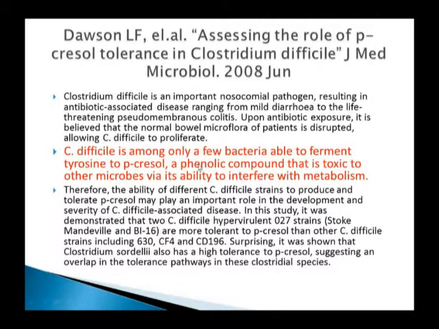I want you to pay attention to this. It is a phenolic compound, a phenol, that is toxic to other microbes via its ability to interfere with their metabolism. So the Clostridia difficile is producing 4-cresol as a defense mechanism to one-up, if you will, other bacteria in the gut.